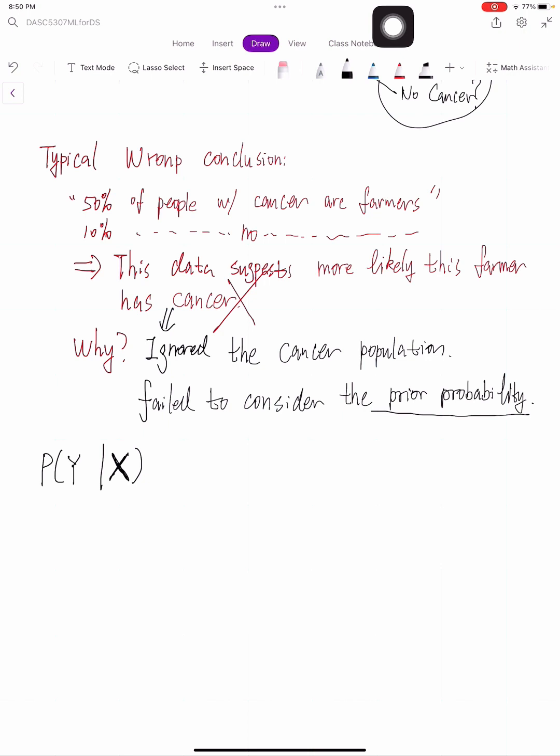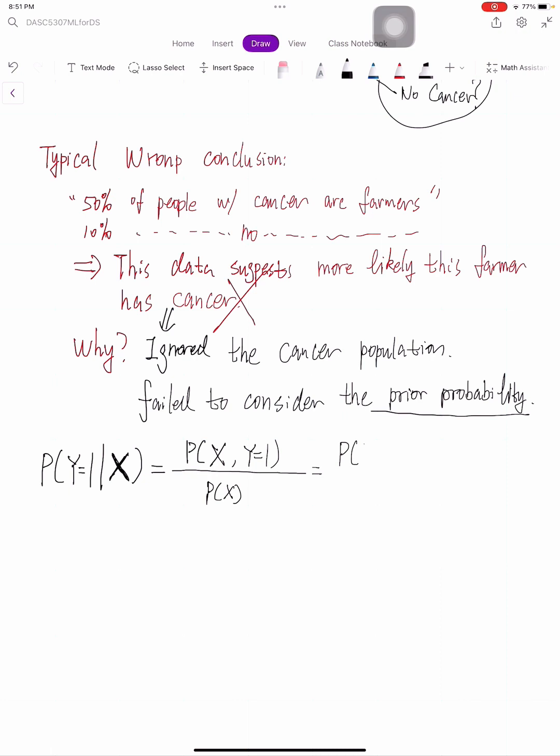But actually what we are looking for is the conditional probability given the person's occupation is a farmer: what's the chance he has cancer? Based on the definition of conditional probability, we can calculate the joint probability that x equals farmer and he has cancer, divided by the probability that x equals farmer.